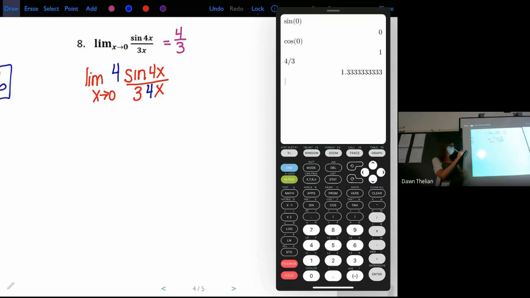So the blob then still leaves behind the 4/3 because I had to match the top and the bottom by multiplying them both by 4. So either way, graphically or algebraically, or a combination, any of it is fine.